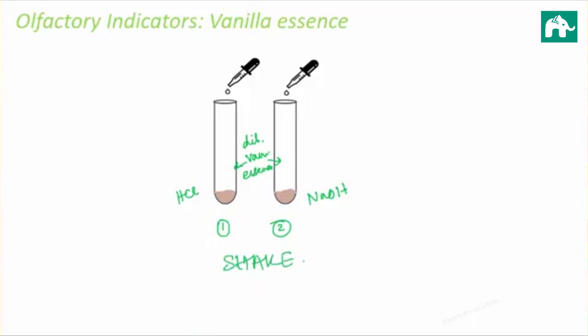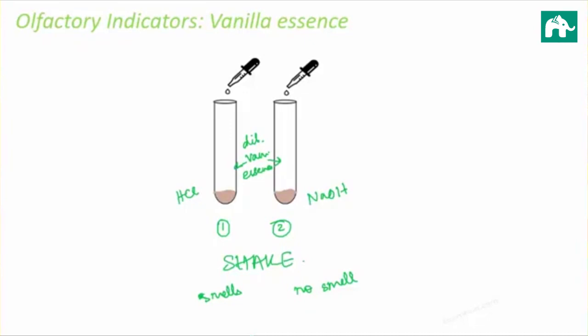After that, we see that in test tube 1, the smell of vanilla essence is still there, but in test tube 2, there is no smell. That shows that the odor of vanilla essence goes away when it reacts with a base, but it stays when it reacts with an acid.